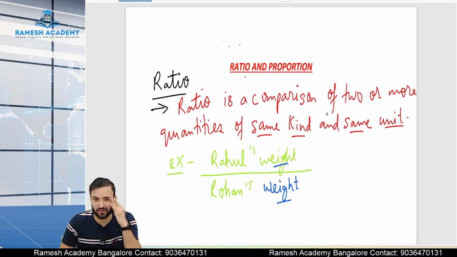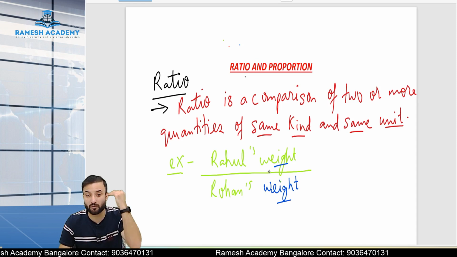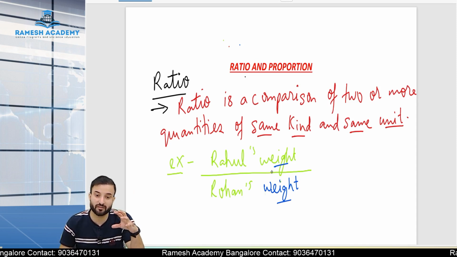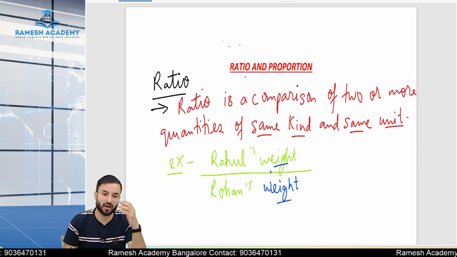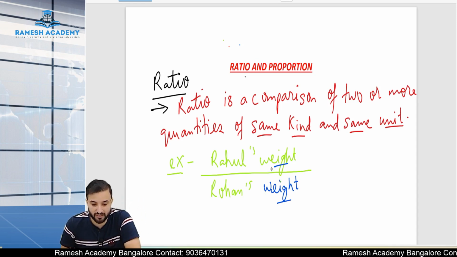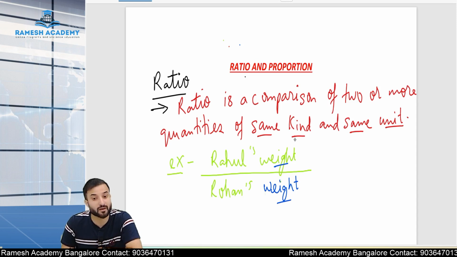Whatever you are comparing, if you are comparing marks, then percentage with percentage or marks with marks. This is called the same kind. Rahul's weight by Rohan's weight is of the same kind.